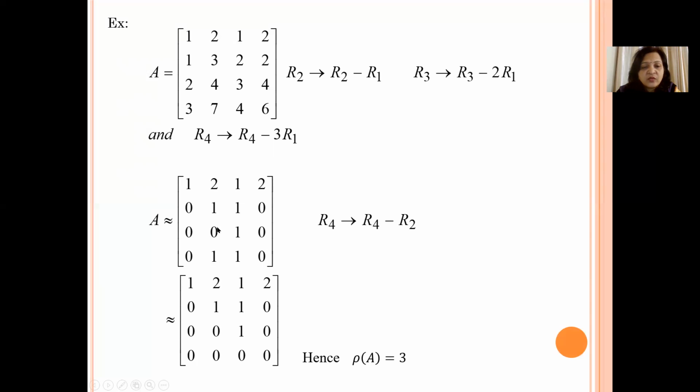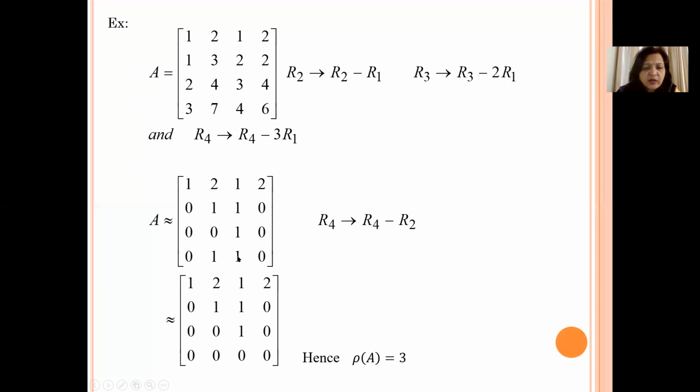Now come to the fourth row. Here we can see it has 1 zero at the starting. So we have to obtain zeros in increasing order as starting elements. Here first 0, here second 0.